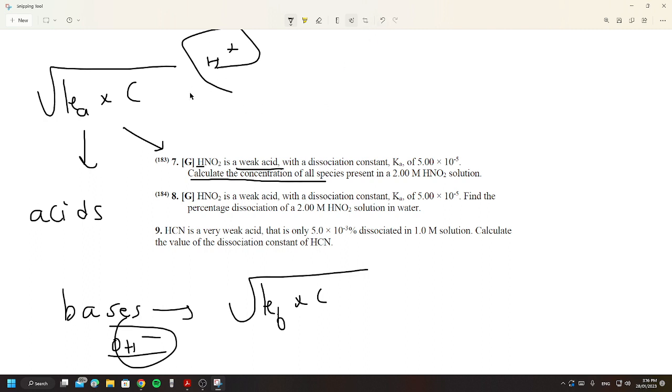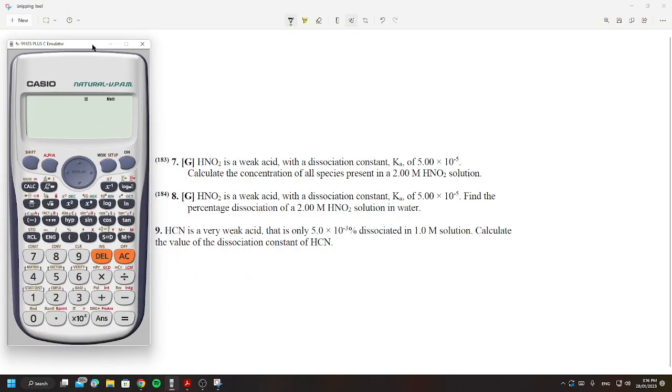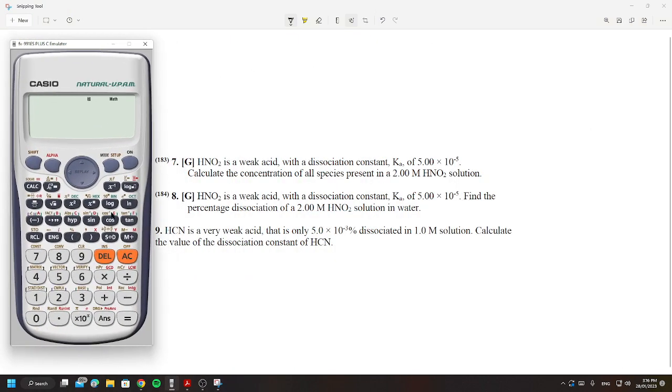Or honestly, no, it's going to give you the concentration of all the species, which is just going to be that. Here is radical KaC for number 7. Radical, so Ka is 5.00 times 10 power negative 5 times the concentration, which is 2 molar, and we got 0.01.